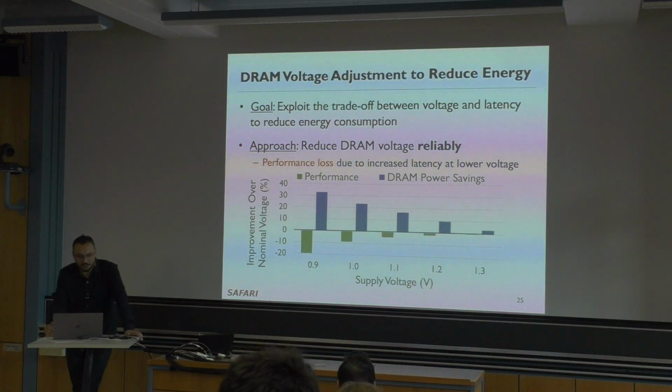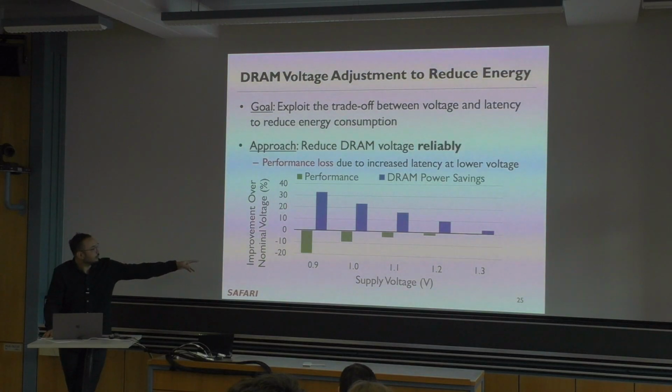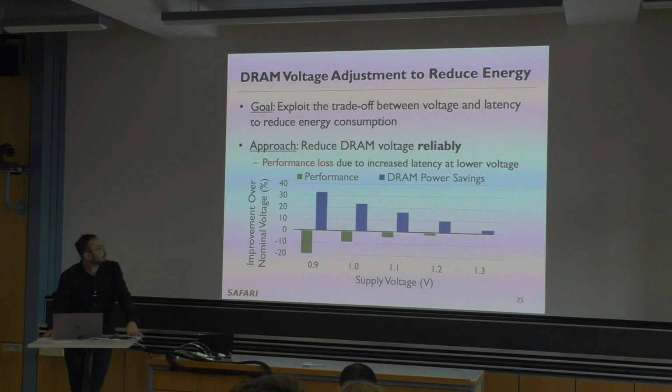Actually, here we see a trend. This is motivational data. When we reduce the voltage from 1.35 volts to this value, for example, assuming that we can make those chips work with increased latency, we can see DRAM power savings increasing.